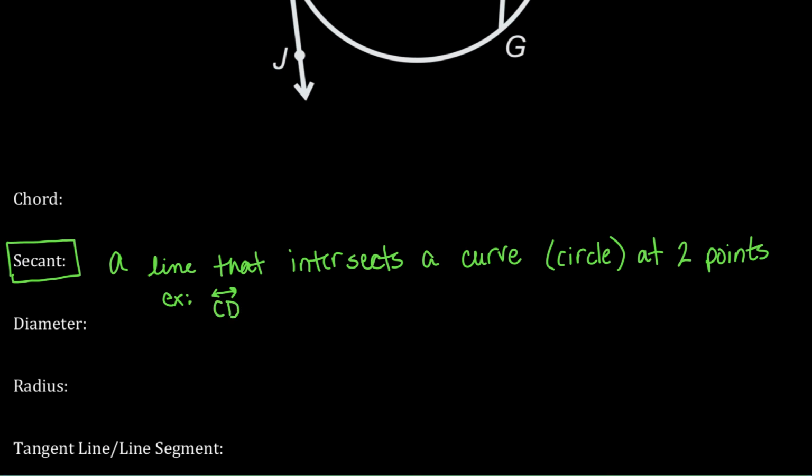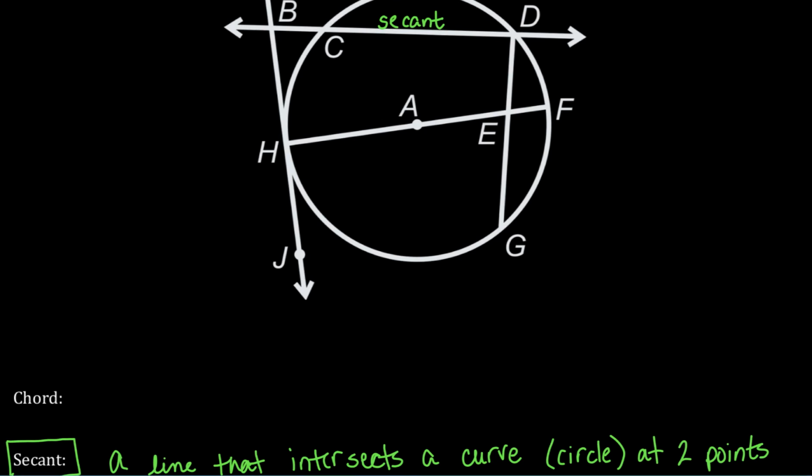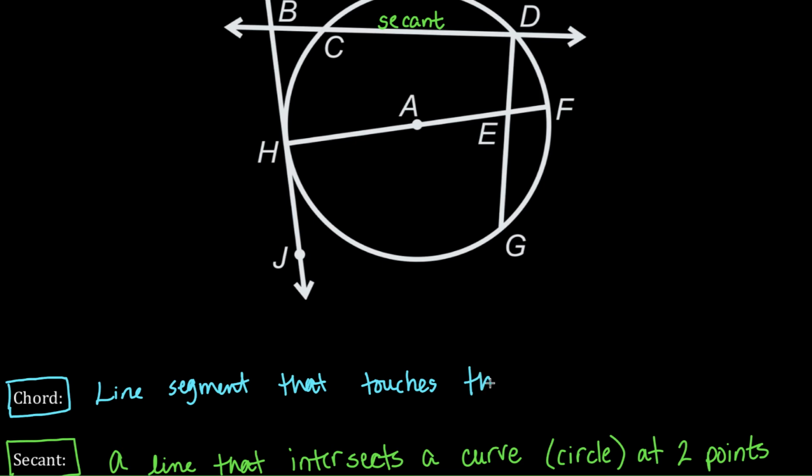Okay. So a chord is basically the same thing with endpoints. So a chord, let's do that in blue. A chord is a line segment that, we'll say, touches the circle at 2 points.